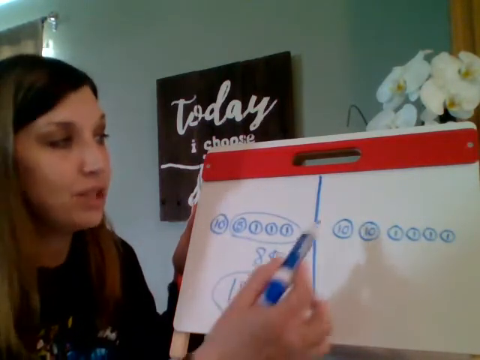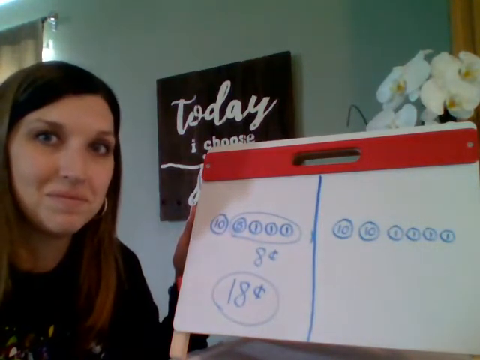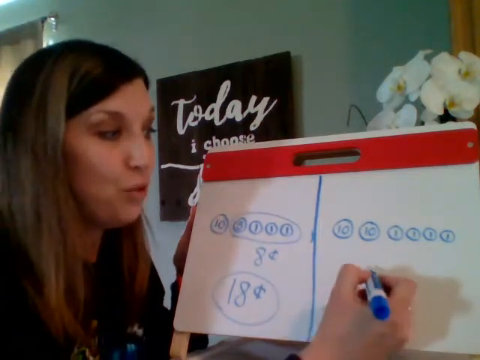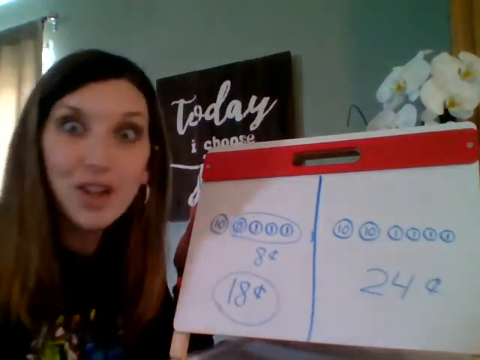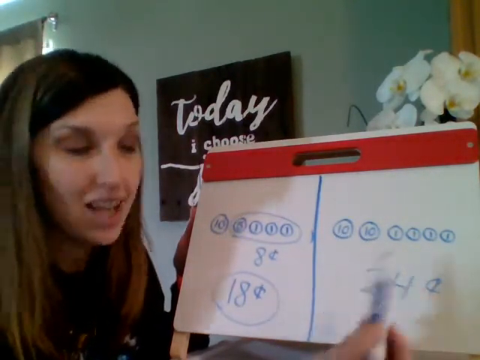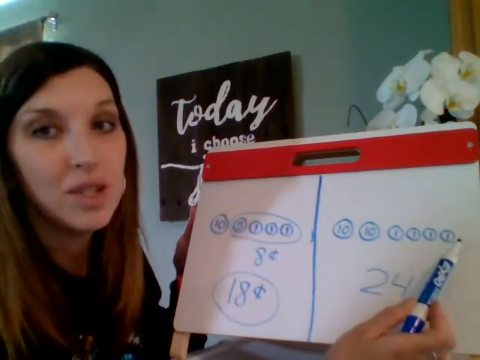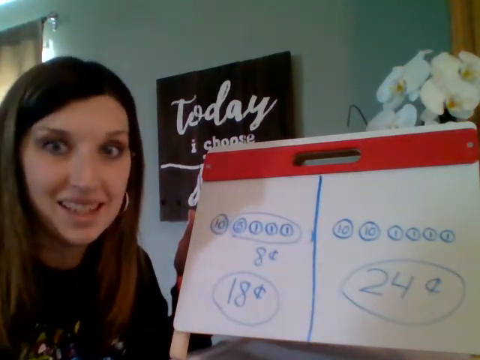Your turn. Count how many and write the number. If you got 24 cents, you're right. 10 plus 10 is 20. 21, 22, 23, 24. 24 cents.